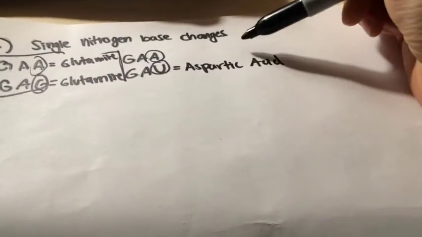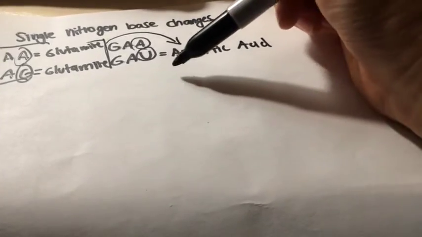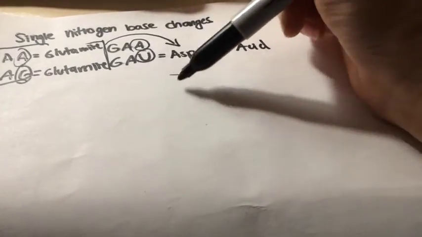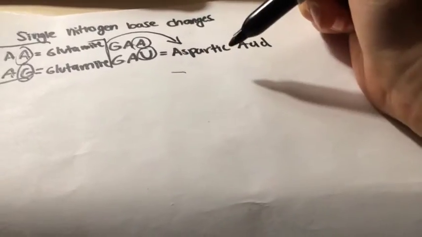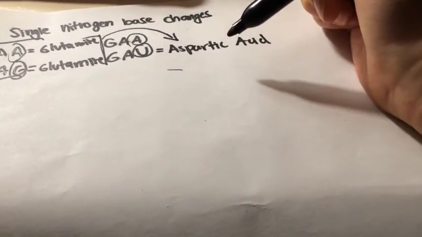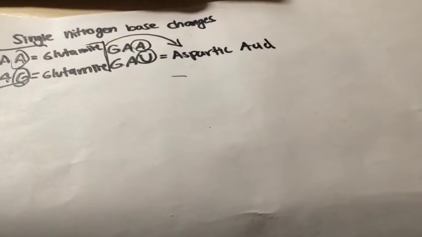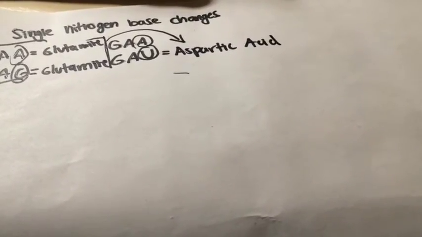Whereas for this one, there is a change from this to this, and therefore, if the codon is different, then the amino acid and the protein would be different too, and this may cause a change in the organism's characteristics.